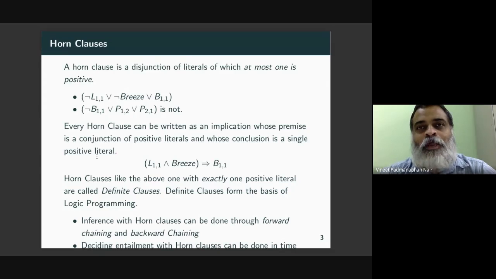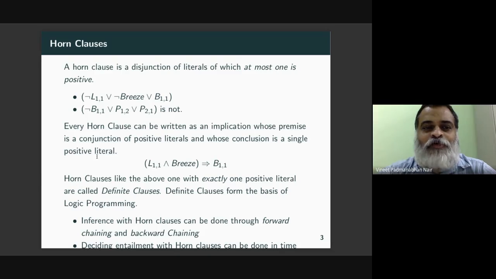You write a formula in propositional logic or first order logic where the arrow connectives, the biconditional connectives, and a lot of things like that will be there. So you don't need to go through and find the truth value of each and every one. You just convert it into a form in which, when you run the algorithm, it finds it easier to solve. One such format is called horn clauses. You might have seen several others, which you will know once I go through these slides.